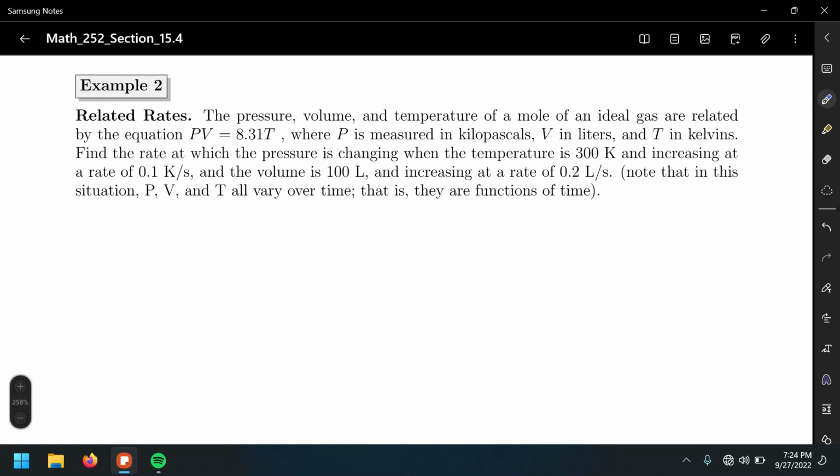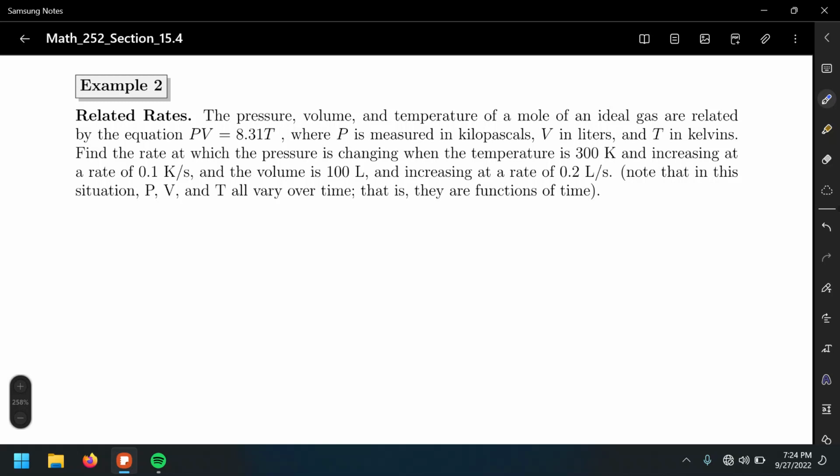Example number 2, and this is some sort of related rates as well from calculus 1, and again we have a problem with an ideal gas. The pressure, volume, and temperature of a mole of an ideal gas are related by the equation PV equals 8.31 T, where P is measured this time in kilopascals. Well, that's kind of weird because usually it's atmospheres, right, when you use the ideal gas.